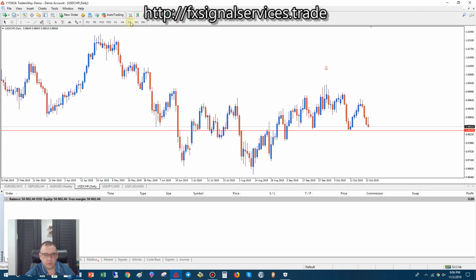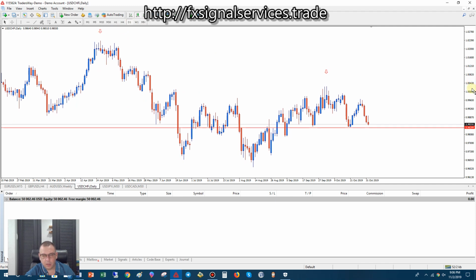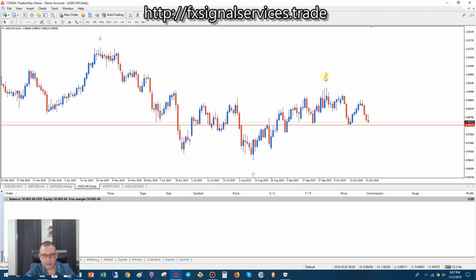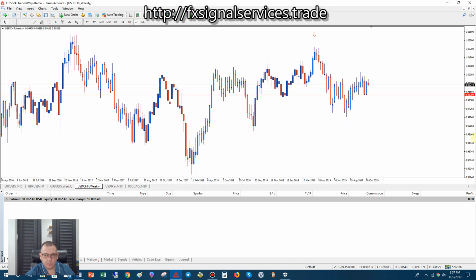All right, so if you go to the daily chart now, all we have is a down arrow, red arrow currently. We do not have a blue arrow formed yet. So what does all this mean? Is it going to break this support and keep going down, or is it going to bounce back up?